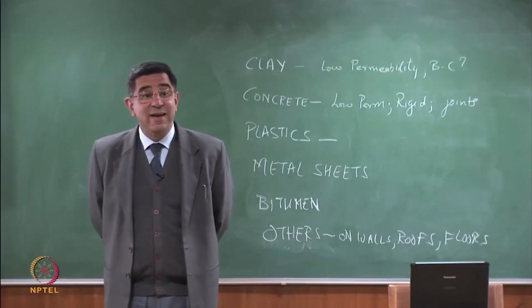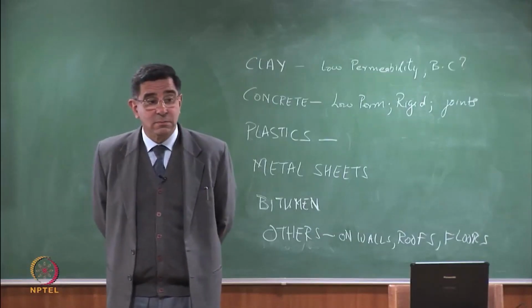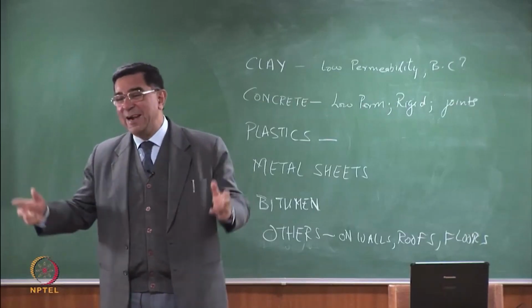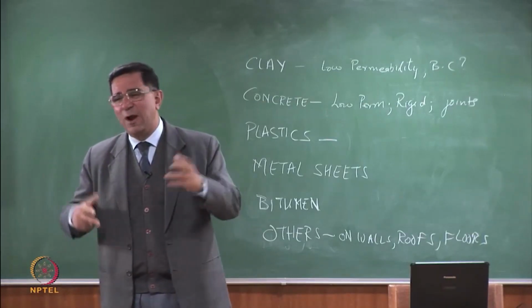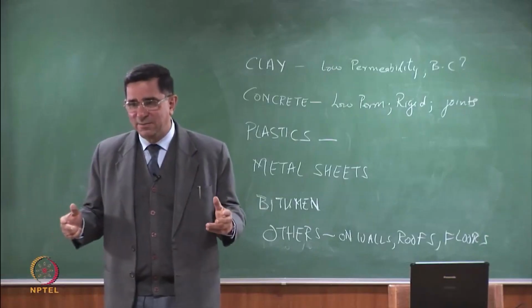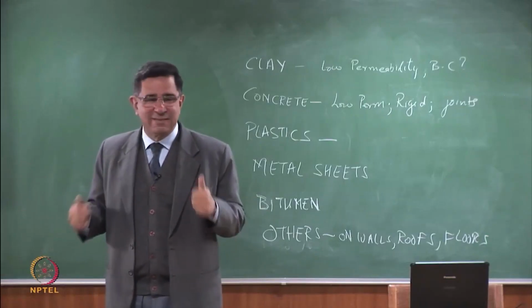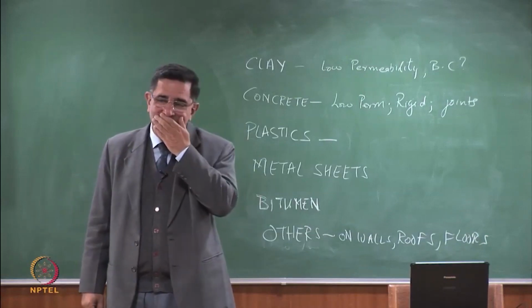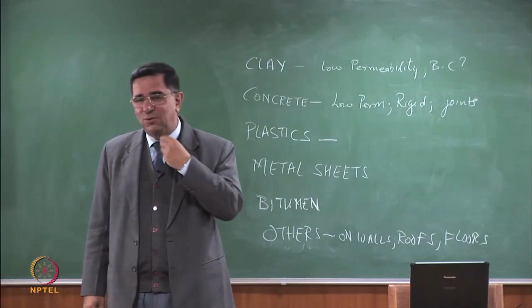How wide is the rail track? Where did this come from? Why did they make this rail track 1 point something meters wide? Who fixed this? Or why didn't they make it 3 meters wide? So you have to go back historically.